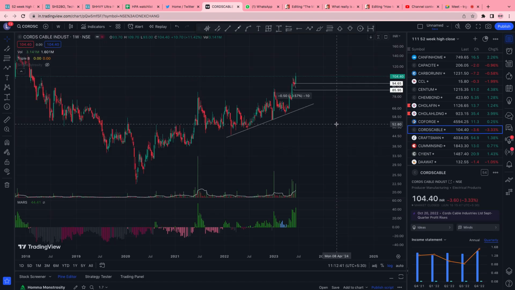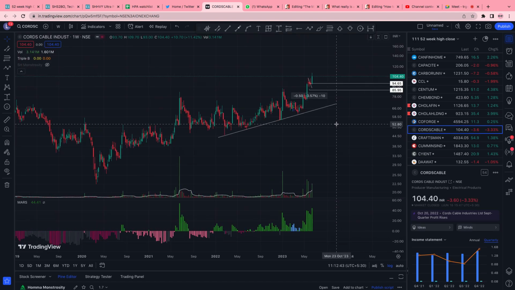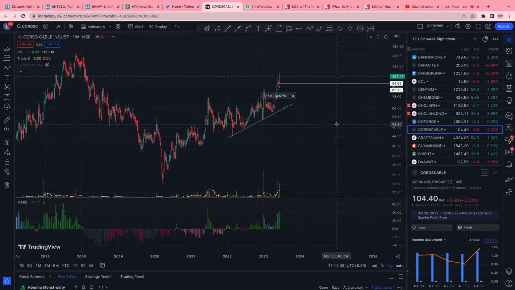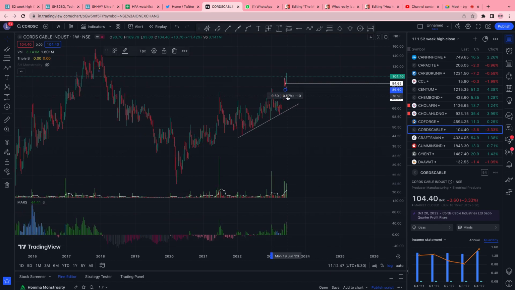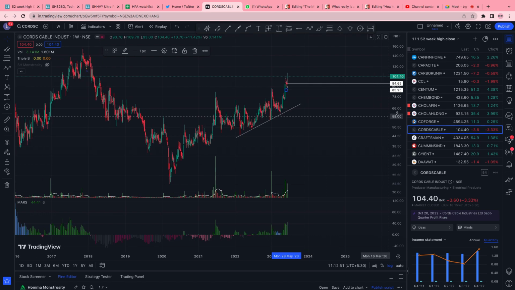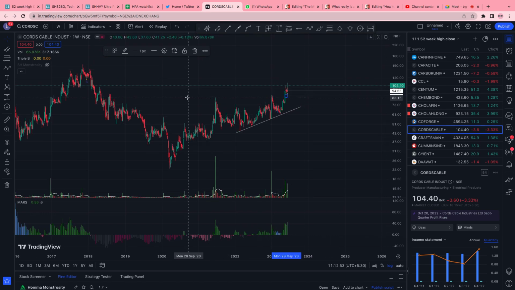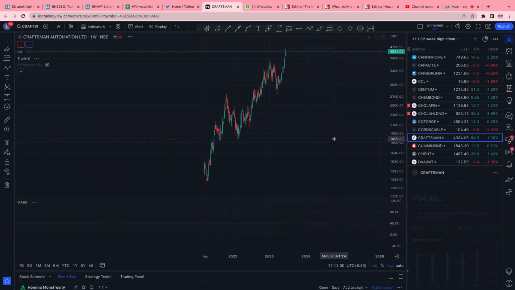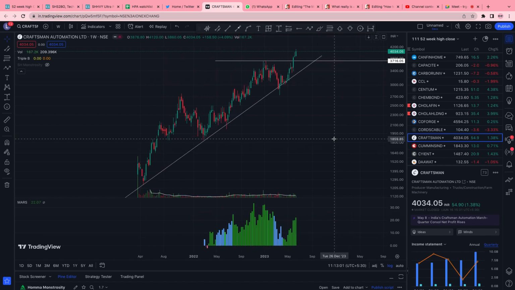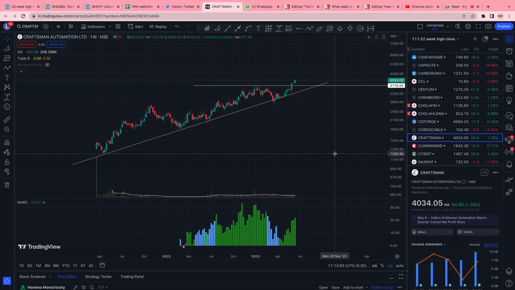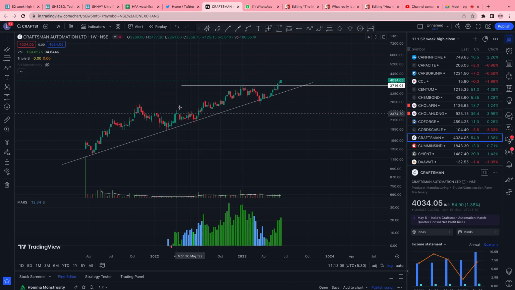Coforge, Polycab, yeah, Polycab is also, again, like these are probably proxies to Indian infra and whatever is going to happen in India as an economy. So all the cables, KEI and all of that, absolute outperformance.